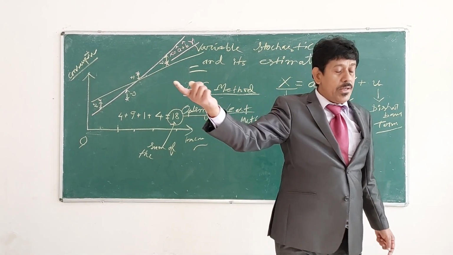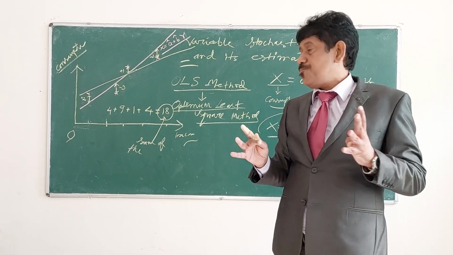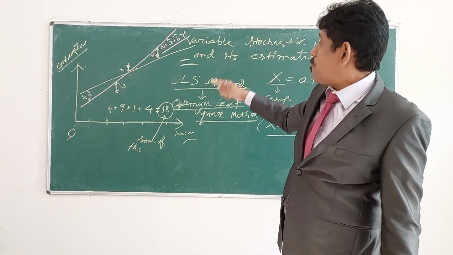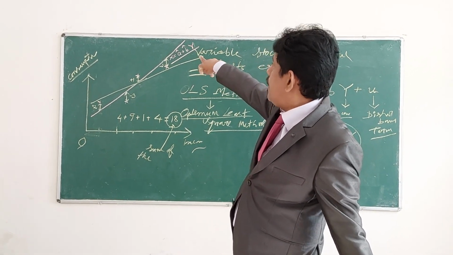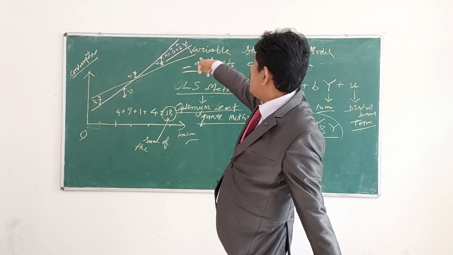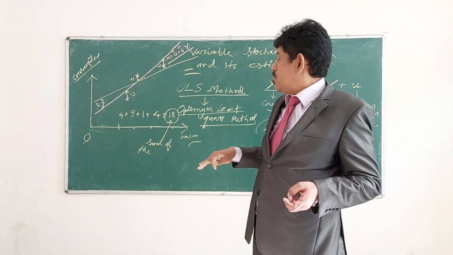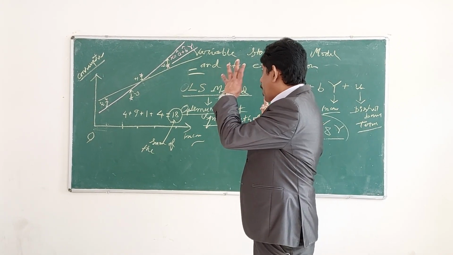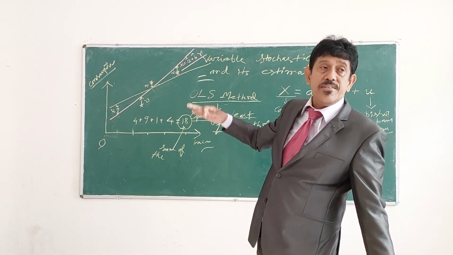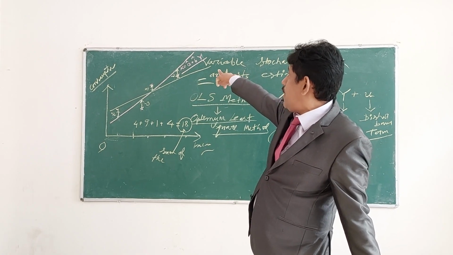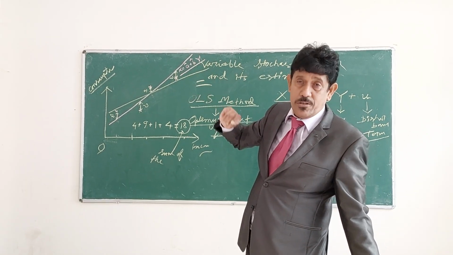Maybe 20, might be 25, etc. So under the given circumstances, the sum of the squared deviations has been minimized by the line x is equal to a cap plus b cap y. And this is the line of best fit. So in other words, the particular income consumption behavior is most appropriately represented by this x is equal to a cap plus b cap y line. That is the OLS method.